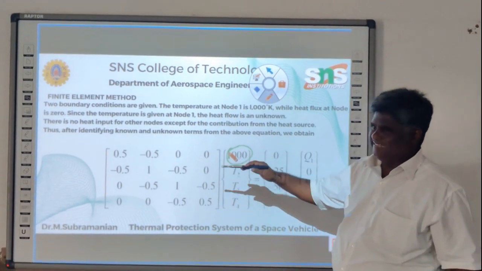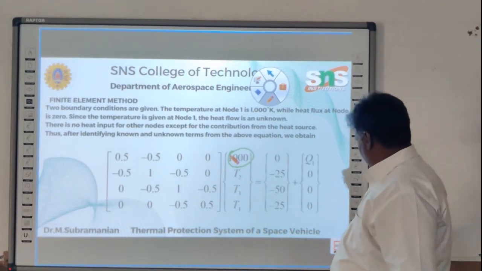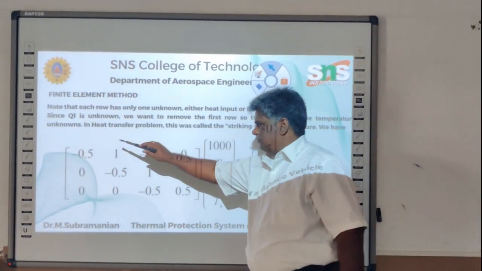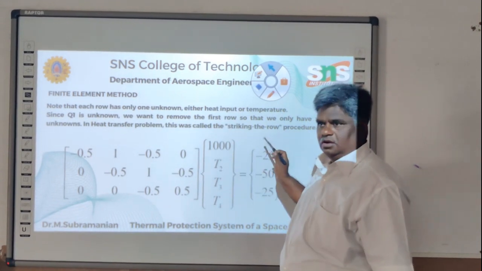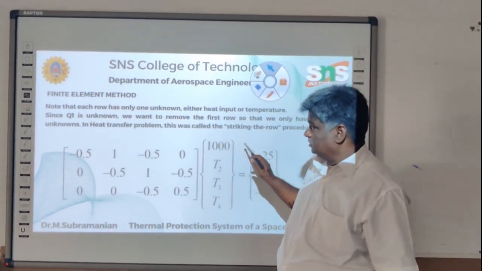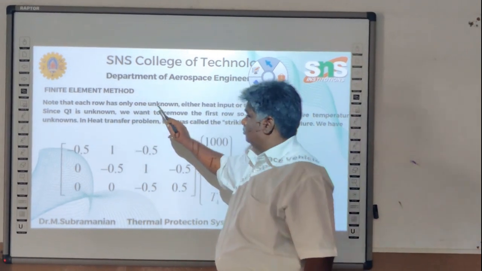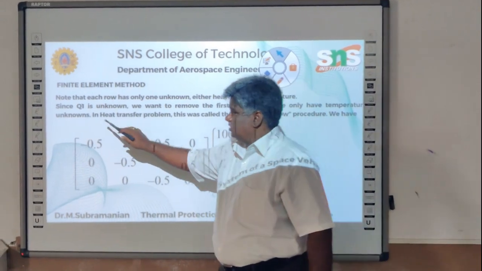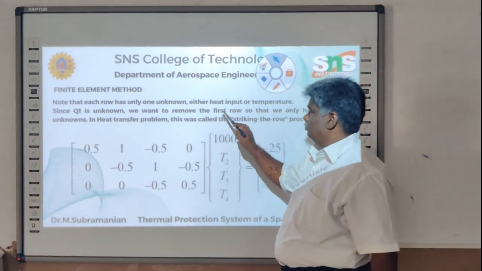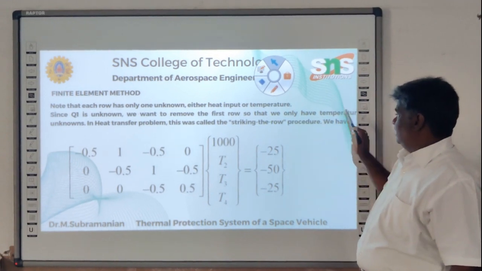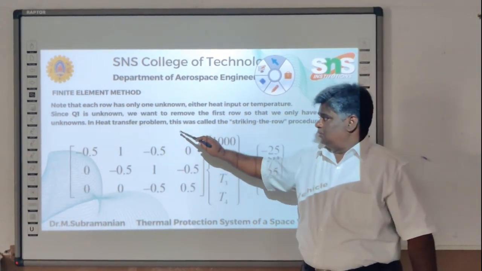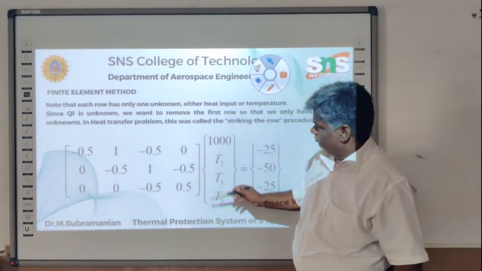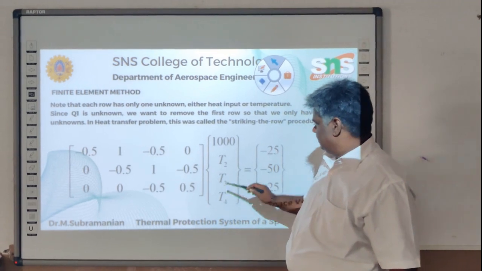So using the striking-the-row approach, we can find the first row. Note that each row has only one unknown, either heat input or temperature. Since Q1 is unknown, we want to remove the first row so that we only have temperature unknowns. In the heat transfer problem, this is called the striking-the-row procedure. We remove the first row, so you can simplify this equation.